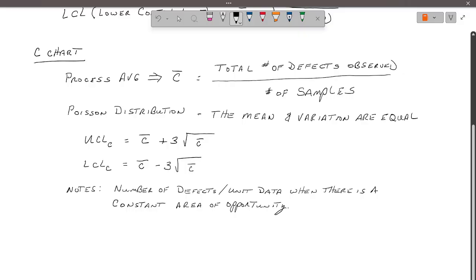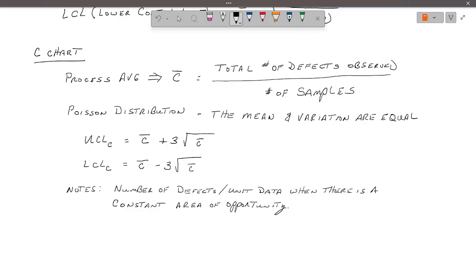Okay. So the area of opportunity has to be the same operation that you can count defects in. Make sense, Luke? Okay.